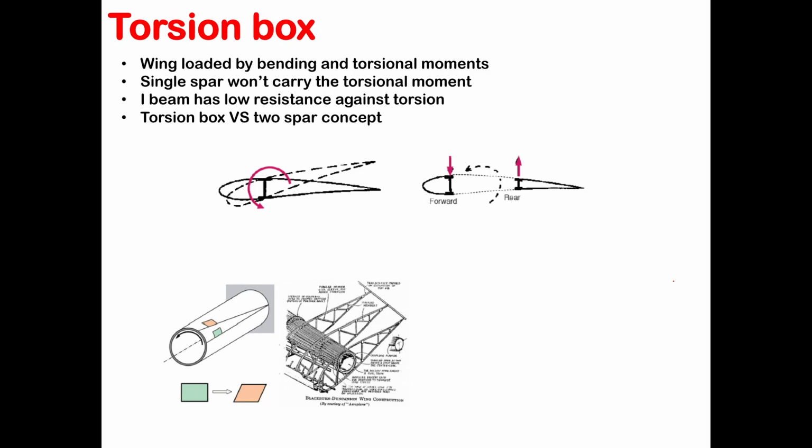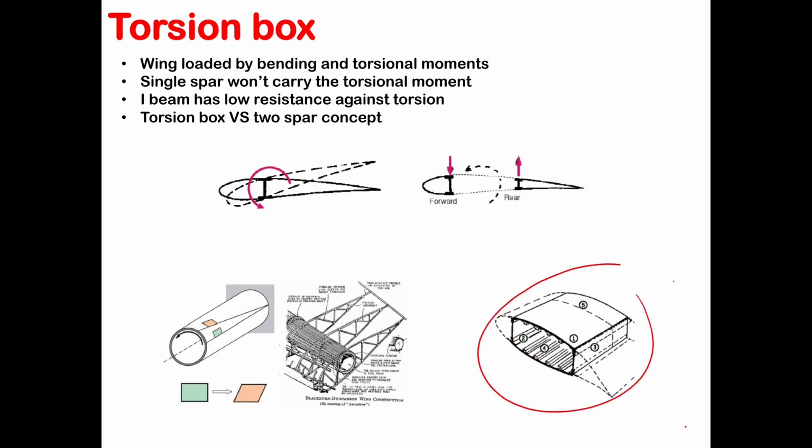But in order to circumvent the torsional load on the wing, we can also have something called the wing box, which is an extension of the idea of the torsion box. Like we have the stiffeners here, the hat stiffeners inside. We are essentially going to make this structure stronger and stronger, right?